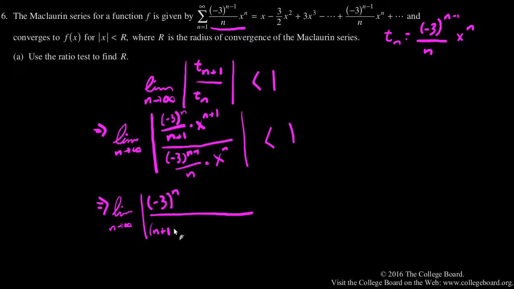If you're smarter about this, you can line things up, but I'm just going to put them first come, first serve. This x^(n+1) is in the numerator, so it stays. This (-3)^(n-1) is in the numerator of the denominator, so it stays in the denominator. This n is in the denominator of the denominator, so it comes up to the numerator. And this x^n is in the denominator, so it stays in the denominator.